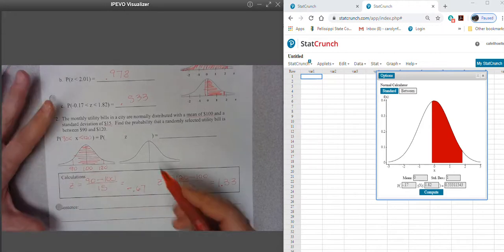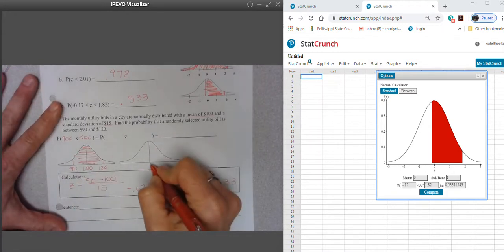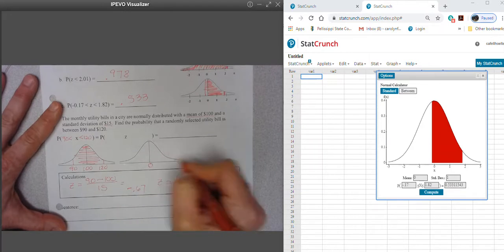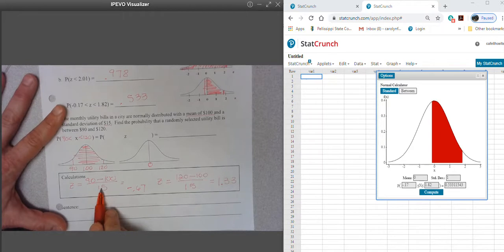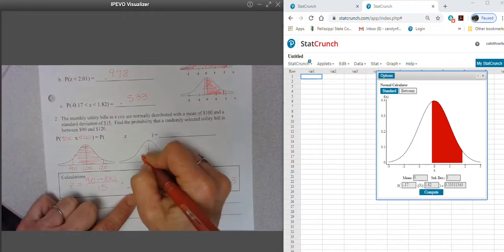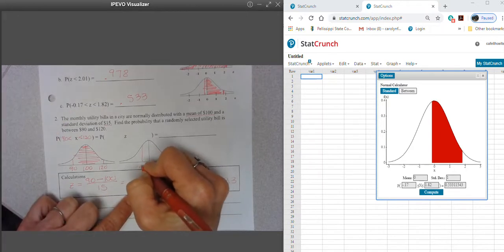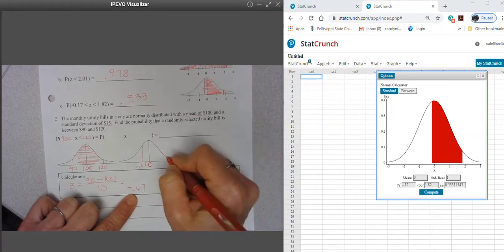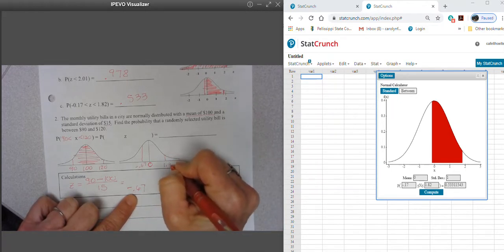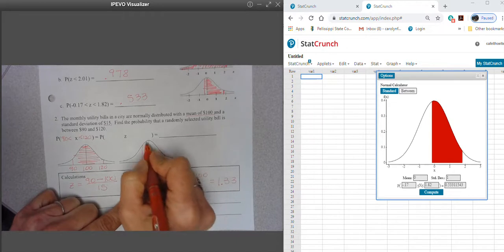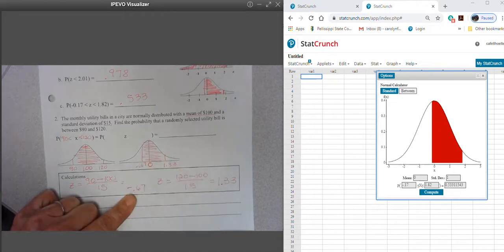When we convert to z-scores, the mean is 0 and the standard deviation is 1. So now we're down here at negative 0.67, about right here, and we're up at about 1.33. We need to find the area in between.